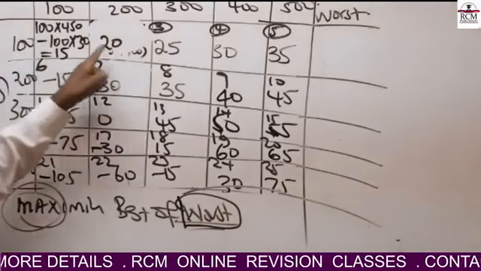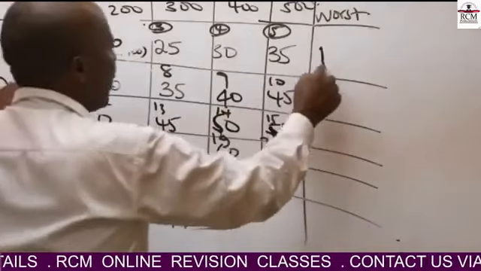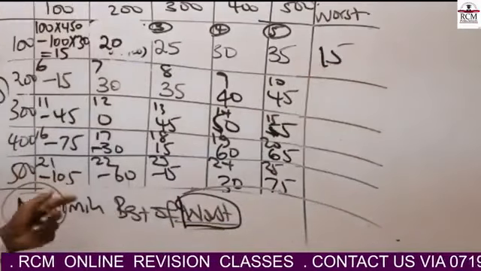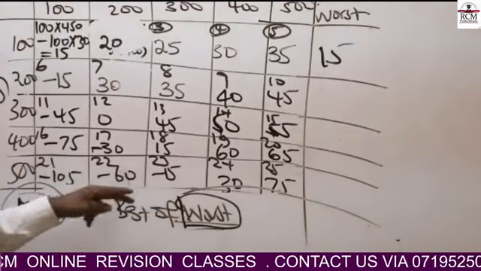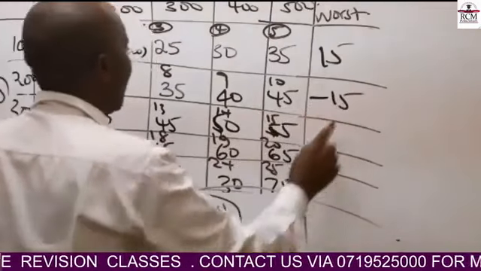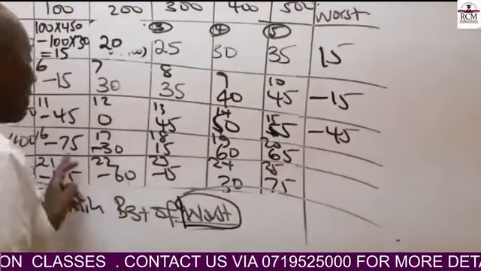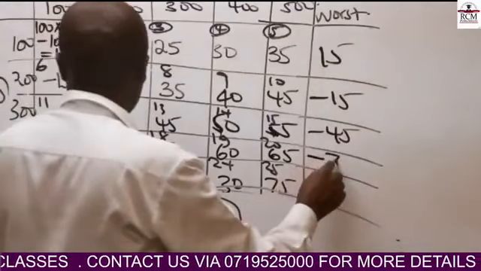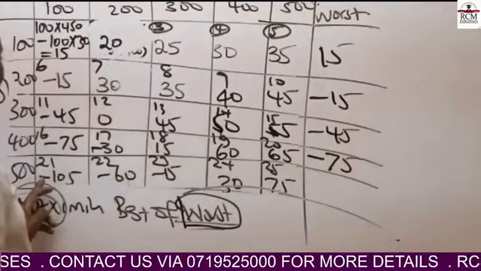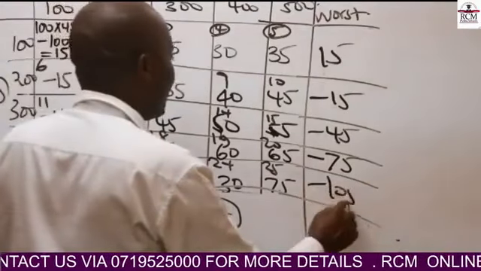The worst profit here is 15, the very lowest. Normally we start with the second bit, the worst. So the very worst here is negative 15. The very worst here is negative 45. The very worst here is negative 75. The very worst here is negative 105, the very lowest.